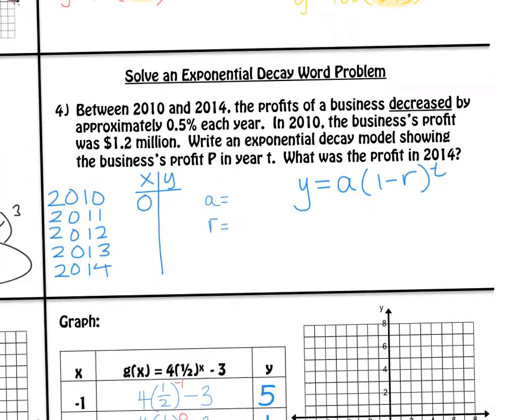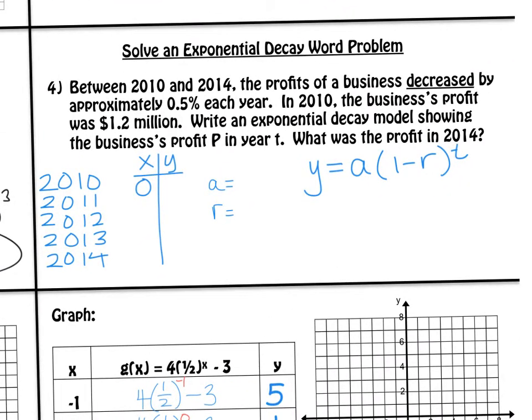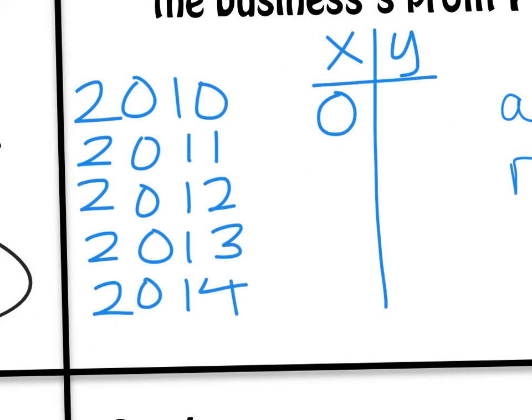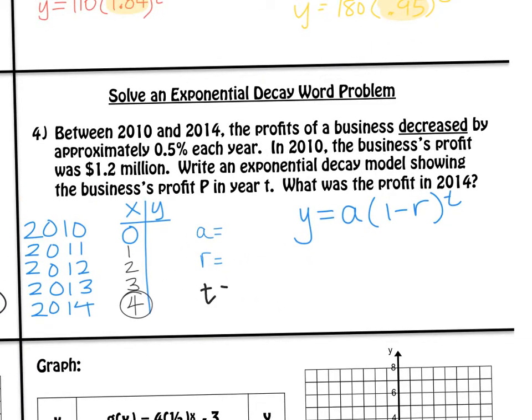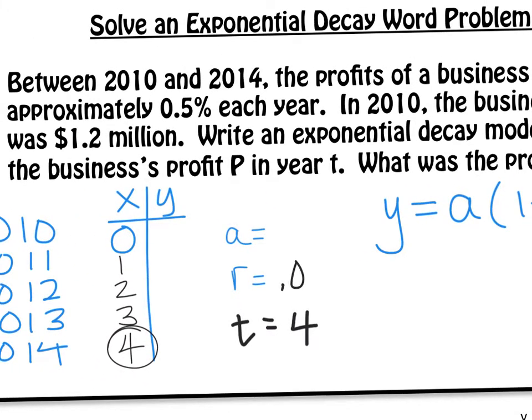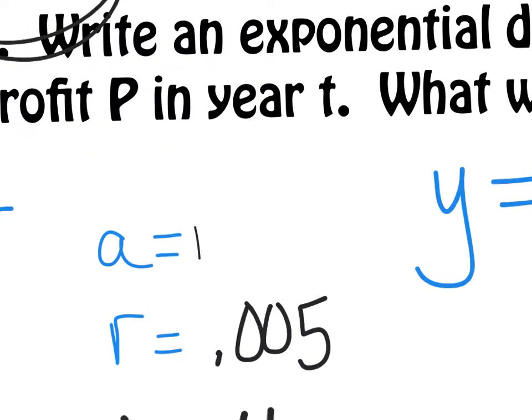Okay, so let's do a decay. So this one begins in 2010 to 2014. So this is 1, 2, 3, and 4. So we're looking for 2014, so we're going to want a 4. So t equals 4. My rate was 0.5%. So a half out of 100% is 0.005. A is 1.2 million.